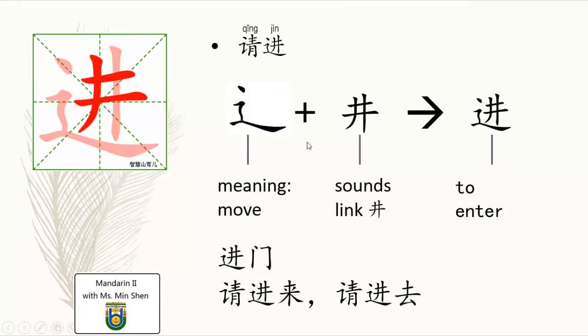Together with this radical, I hope you still remember. This is the radical presenting the meaning of move. Somehow it's actually something I may have introduced before, but today I want to introduce it officially.